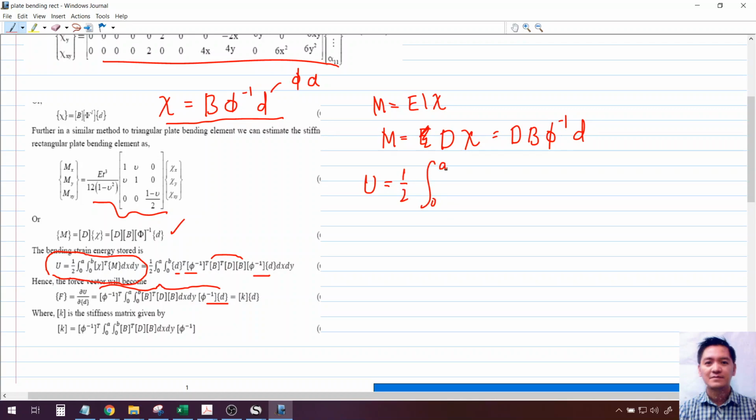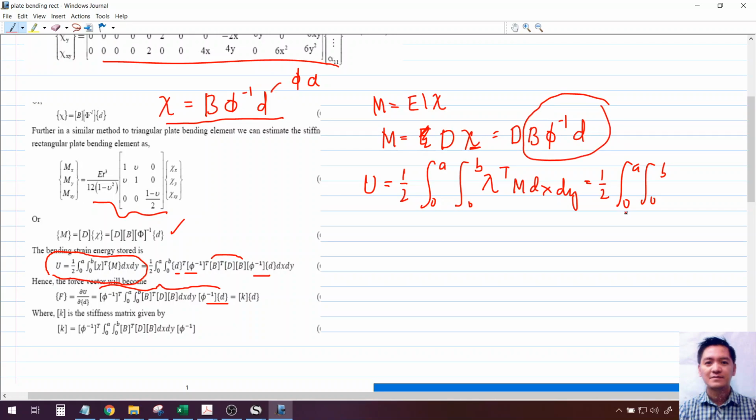Integral of 0 to A, 0 to B, curvature transpose M dx dy. Okay, substitute natin. 1/2, 0 to A, 0 to B. Ay, kulang. I-write ko siya.